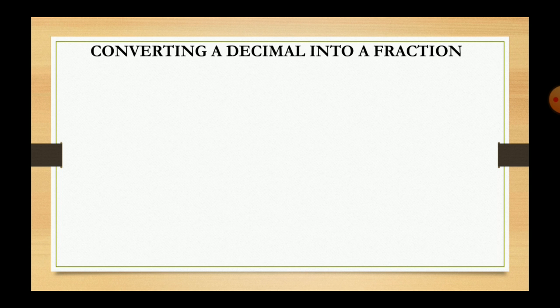Now let's learn some conversion of decimals into fractions, converting a decimal into a fraction. Converting 0.225 into a fraction. As you can see, after the decimal we have 3 decimal places. So to convert 0.225 into a fraction, the steps are to be followed.